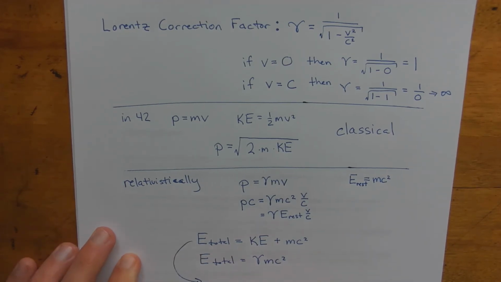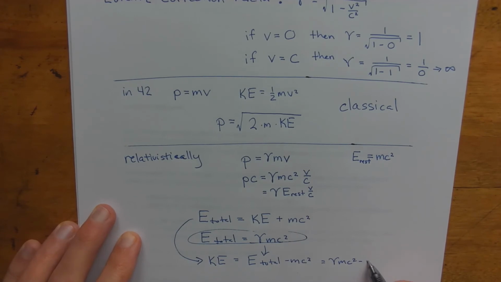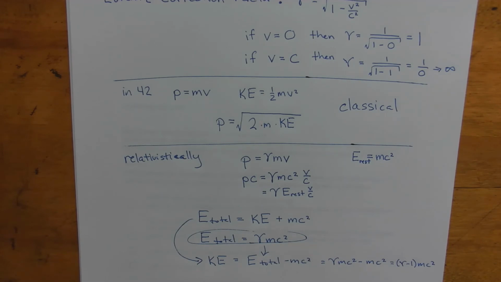So from this equation here, I have kinetic energy is equal to, if I bring the mc squared over to the other side, that's E total minus mc squared. And then if we put this expression for E total in, we have gamma mc squared minus mc squared, which would be gamma minus 1 times mc squared. So there's a lot of different relationships here.